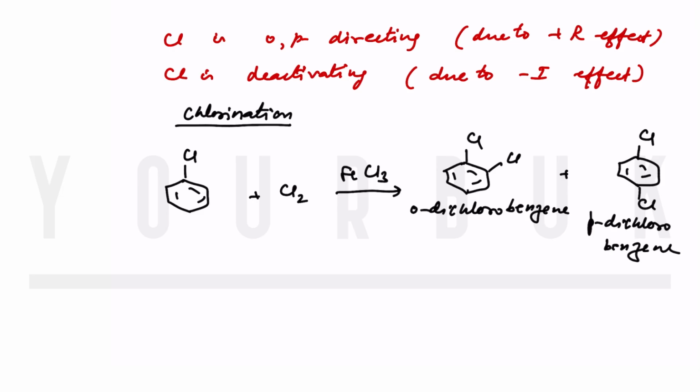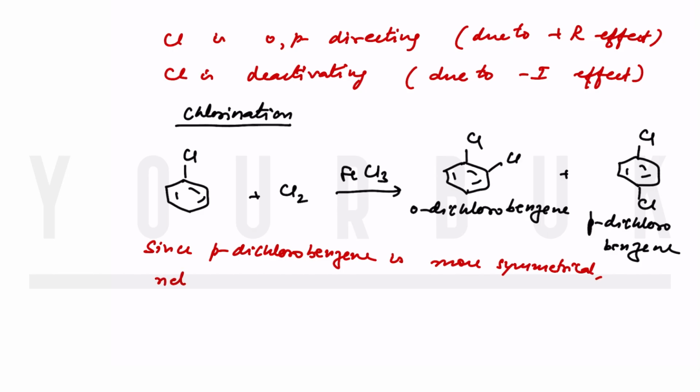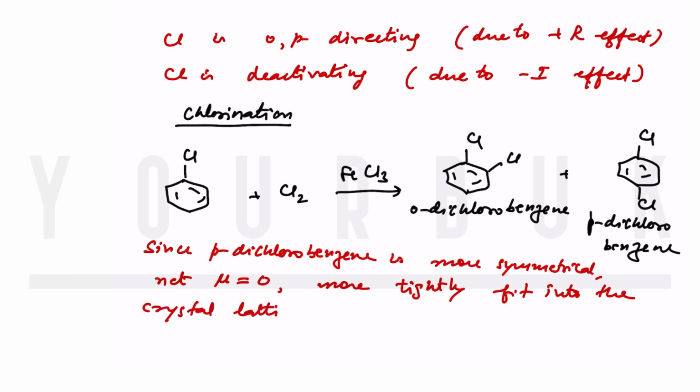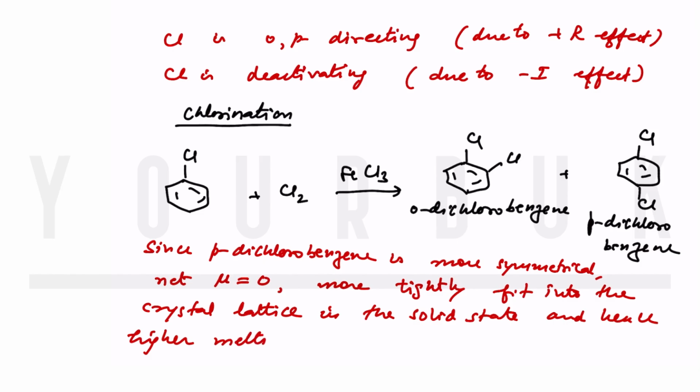Para-dichlorobenzene. And since para-dichlorobenzene is more symmetrical, the net dipole moment is 0, it fits more tightly into the crystal lattice in the solid state, and hence has a higher melting point than the ortho isomer.